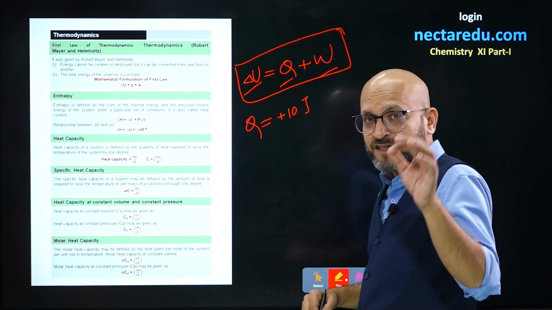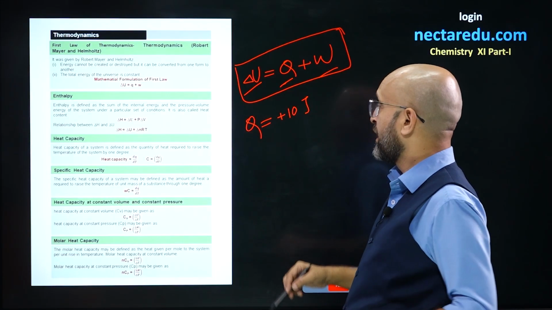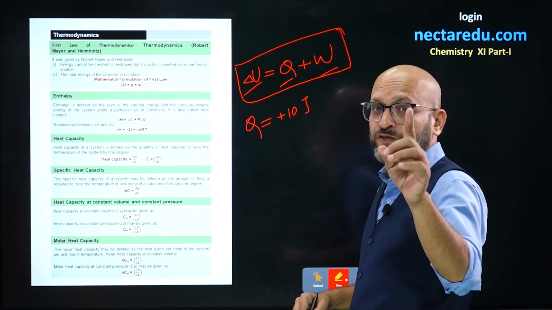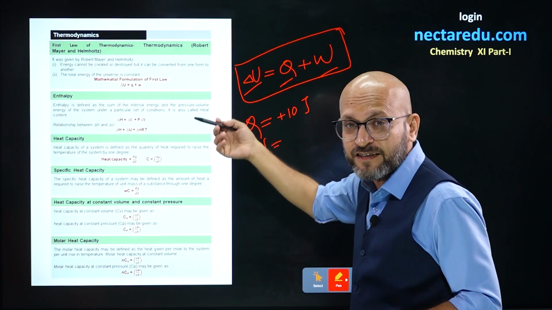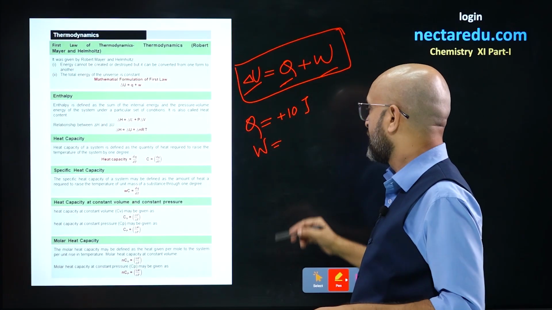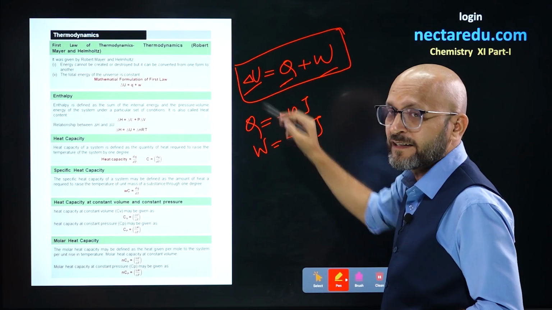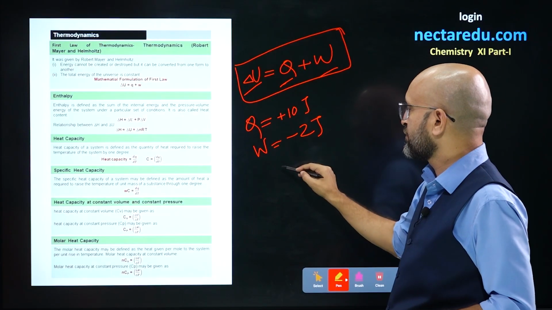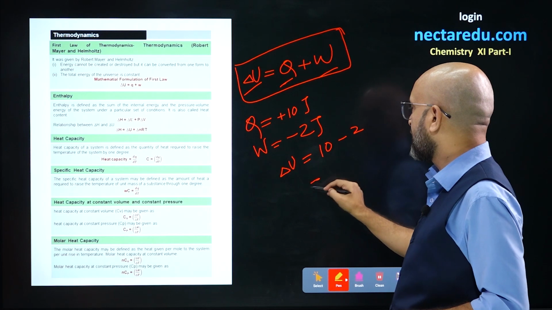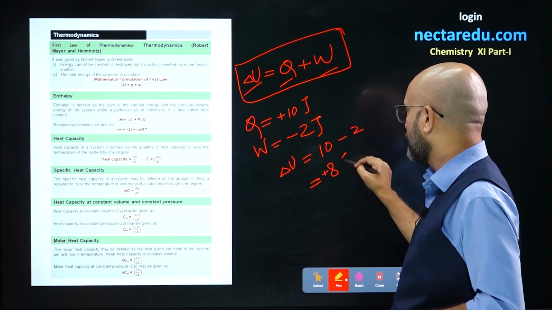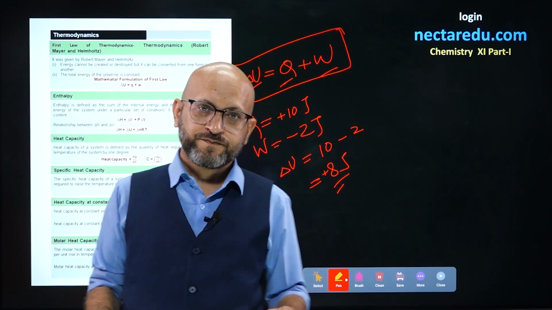The system does work of 2 joule, so work is being done by the system, and the sign will be negative, minus 2 joule. When you want to calculate delta U, you put these values in this formula. So delta U will be 10 minus 2, that is plus 8 joule. That means you get the value according to sign convention.